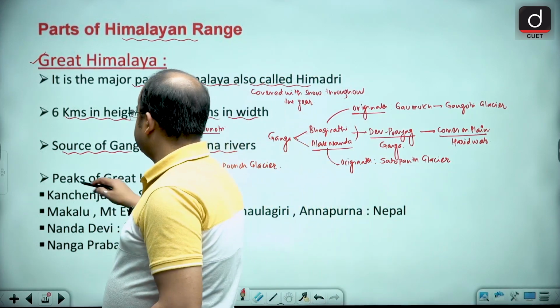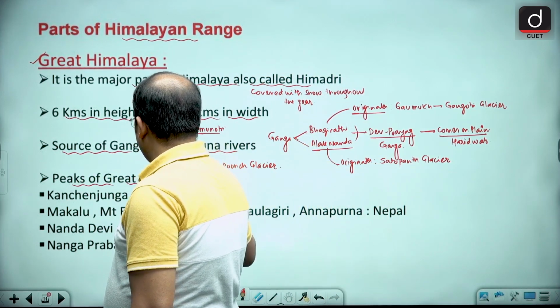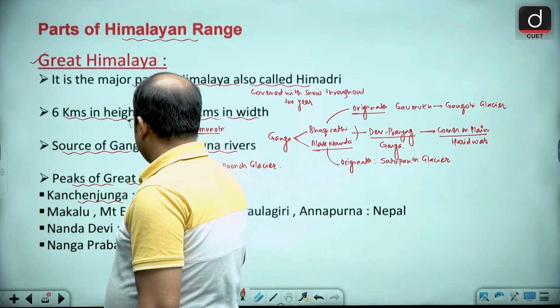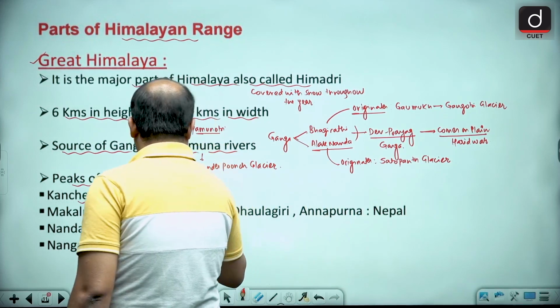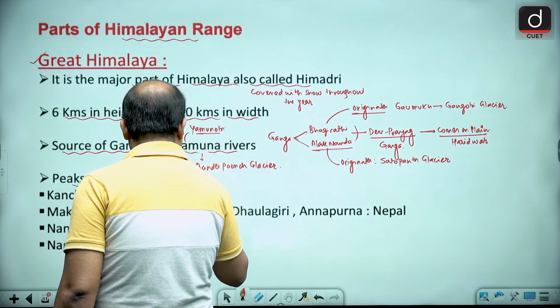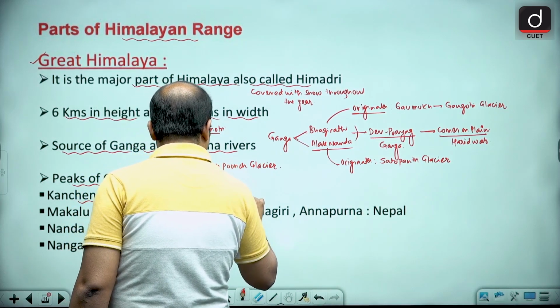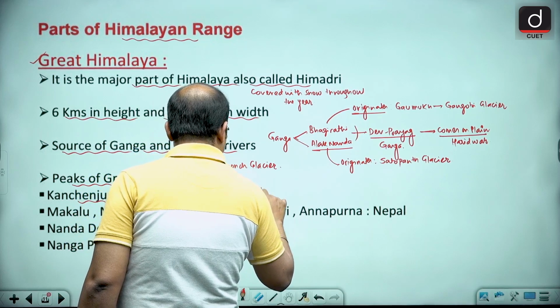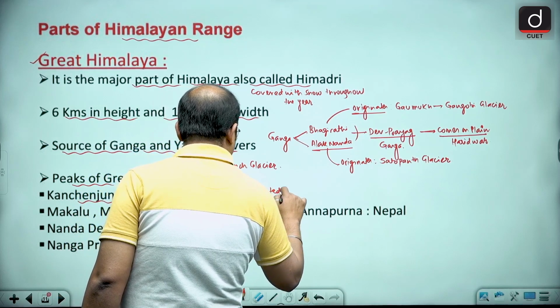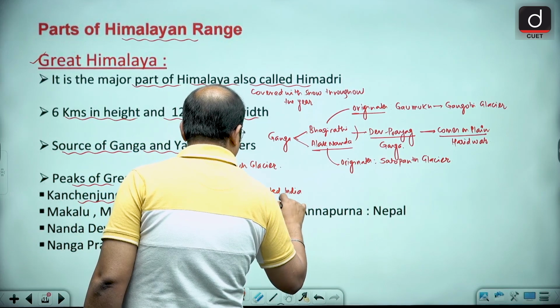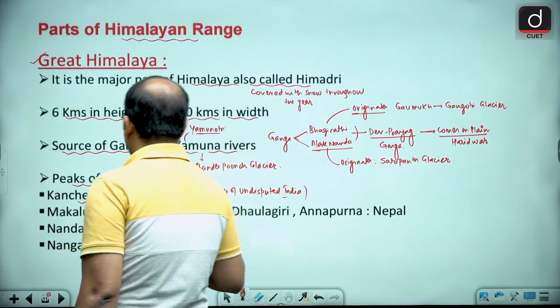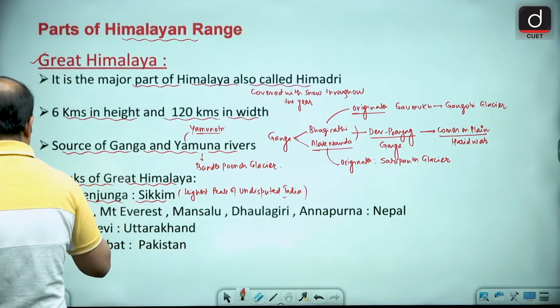Now, guys, let's discuss the peaks of the Great Himalaya. First is Kanchenjunga, in Sikkim, the highest peak of undisputed India.